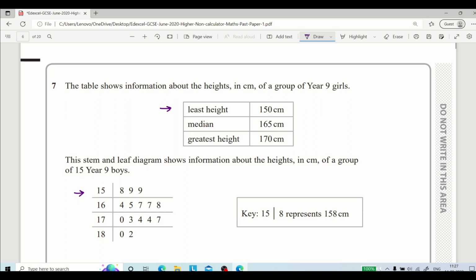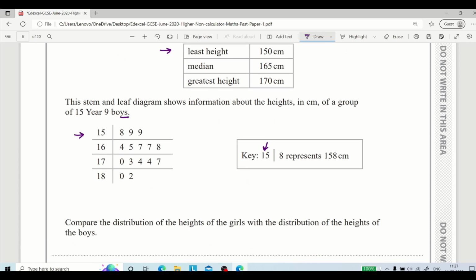There's also a key given to you: 15, that is the number of boys here, and 8 represents 158 centimeters. Now compare the distribution of the heights of the girls with the distribution of the heights of the boys.